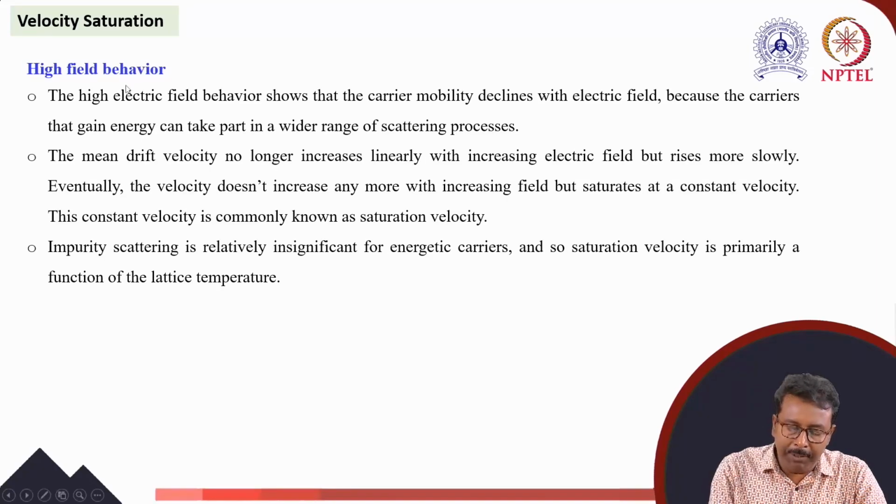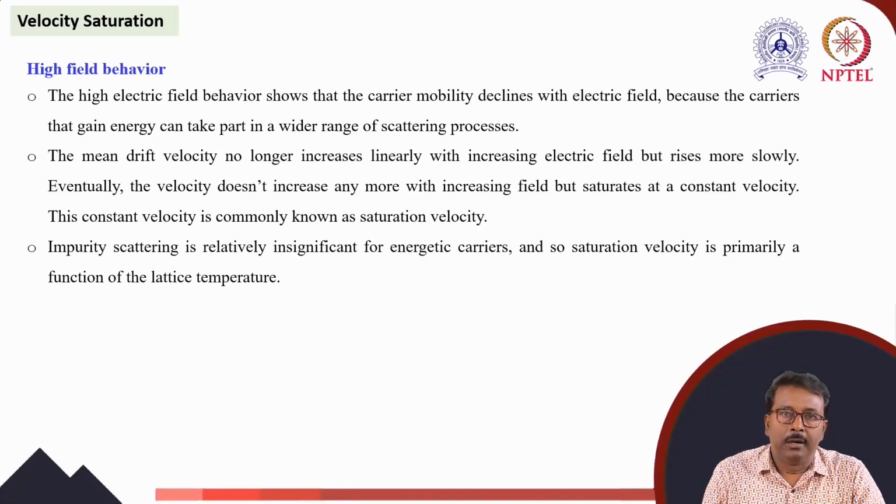So for high field behavior, the scattering and other things will be different, and the mean drift velocity or the average drift velocity no longer increases linearly at a high electric field.